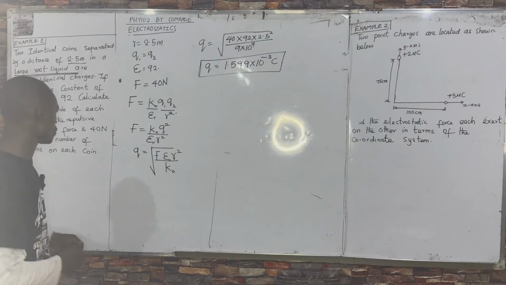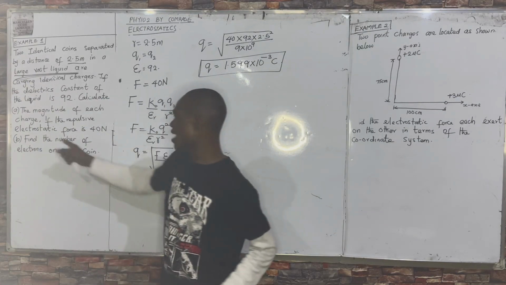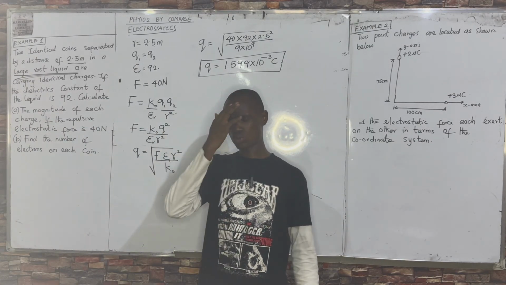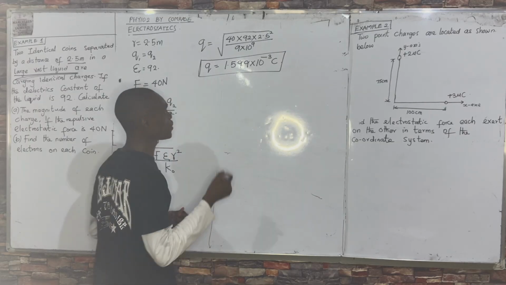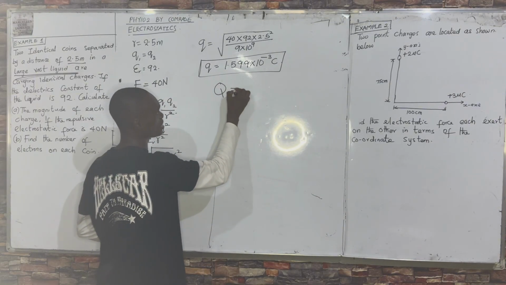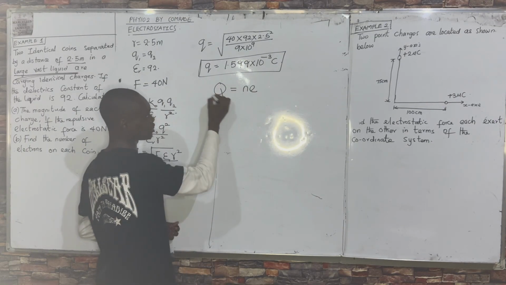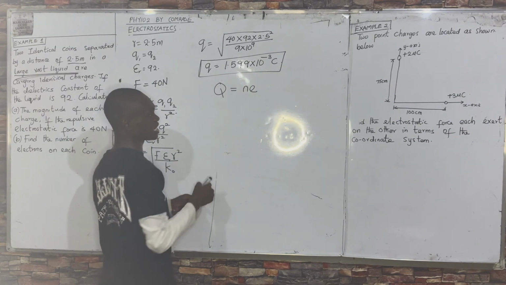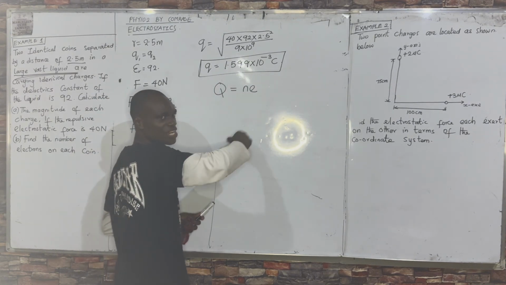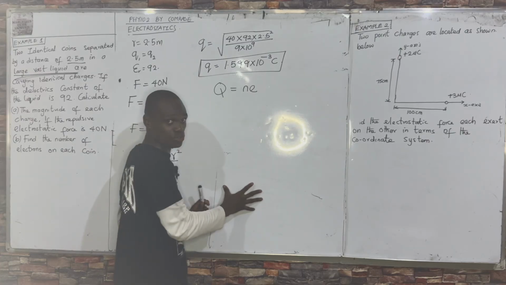Now let's continue. The next question says, find the number of electrons on this charge. Now I want to look for the number of electrons. Hope you have not forgotten that Q equals Ne. The total charge in a body Q is an integer multiple of the charge of the electron.